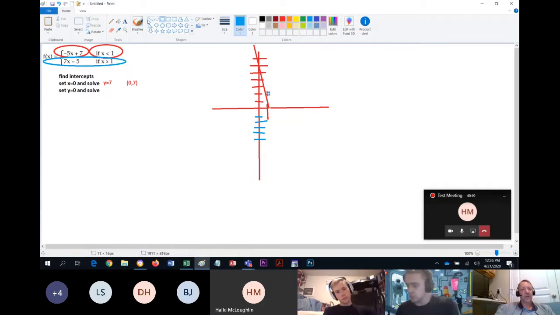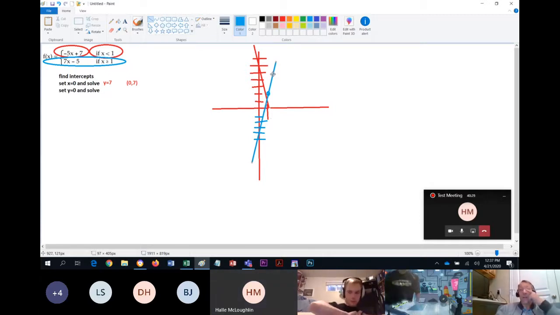As I draw my line, oh, I can't get it to go through that point. It's really hard to get it. Anyway, it goes through that point, right? Now, maybe I can move it over a little bit. Oh, that's pretty close. Close enough for what I'm doing.